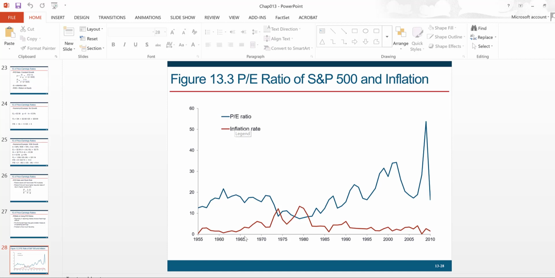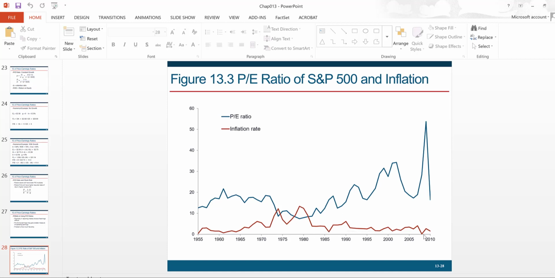So generally speaking, what we observe historically is that the higher the inflation rate or interest rate, the lower the P ratio. Back in the late 70s and early 80s, the inflation rate was quite high, in double digits, and at that time, the P ratio was quite low. This is the P ratio for the market, or S&P 500.